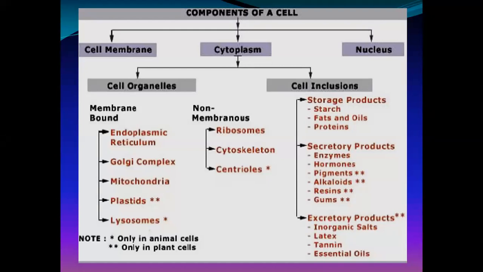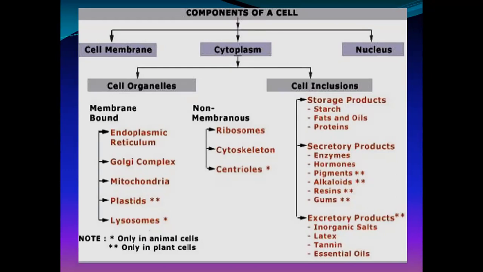Cell organelles are what? Membrane-bound cell organelles are there: endoplasmic reticulum, Golgi complex, mitochondria, plastid, lysosome, you name it. Non-membranous organelles are there: ribosome, cytoskeleton, centrioles.